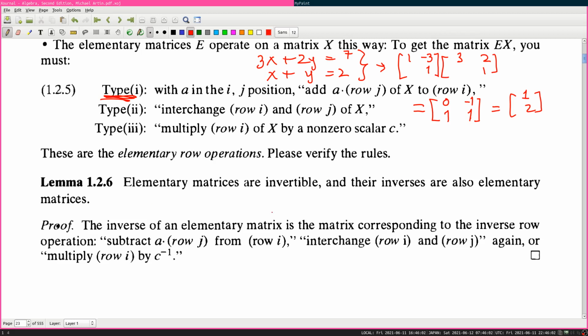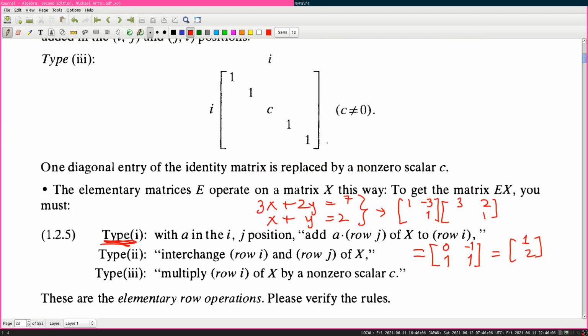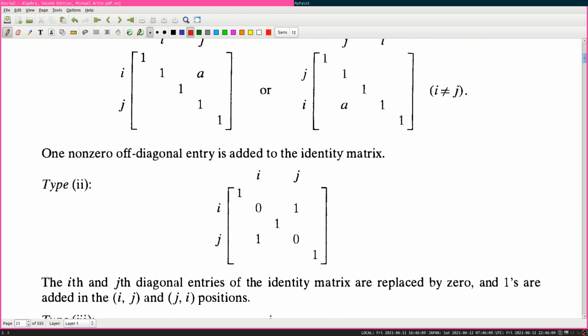So subtract row J from row I. Interchange: in particular, the interesting one is that if you do a transposition and you do the transposition again, nothing happens.